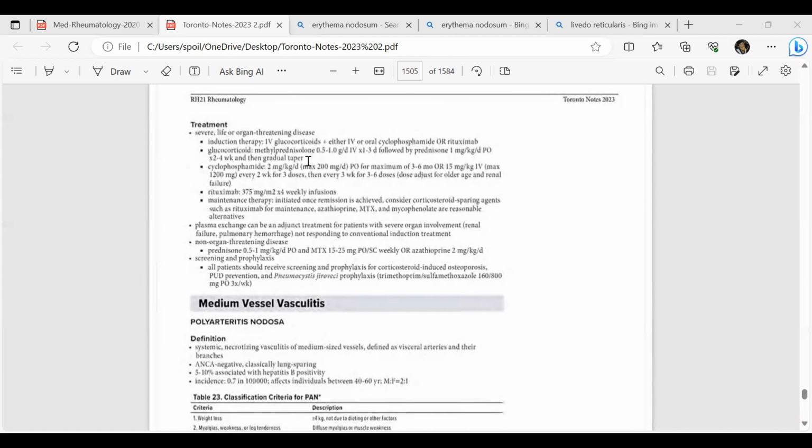Glucocorticoid: methylprednisolone, followed by prednisolone, and then after 2 to 4 weeks we will gradually decrease the dose and taper it down. Okay, cyclophosphamide, and dose adjustment: adjust for older age and renal failure.